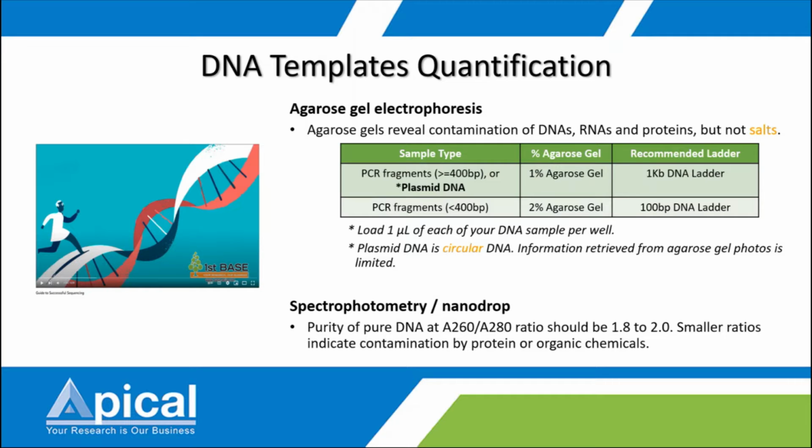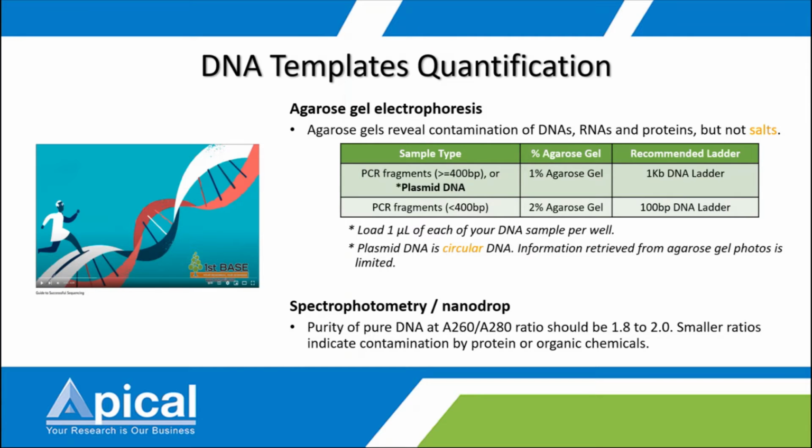If you're going to choose one, we highly recommend you to use the agarose gel electrophoresis. Why? Because NanoDrop is also a spectrophotometer, so it's using light absorbance to give you the reading, and the readings sometimes will be higher.